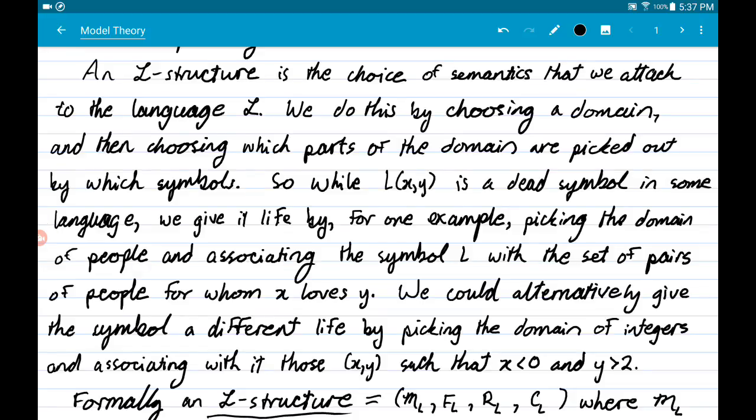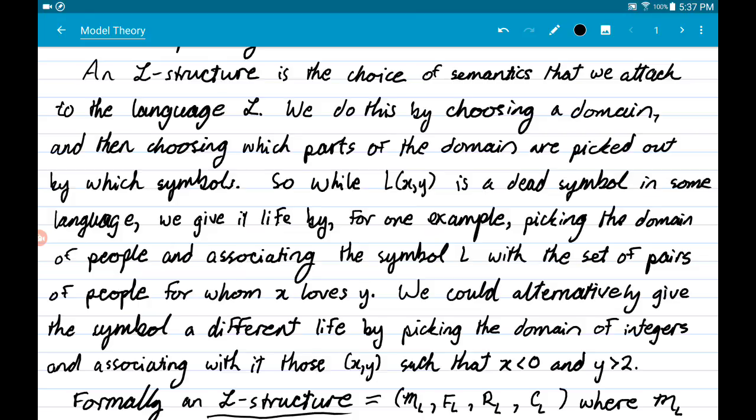So an L structure is now switching the conversation to the semantics. The L structure is a choice of domain, and then on top of that a choice of which parts of the domain each symbol picks out in some way, right?